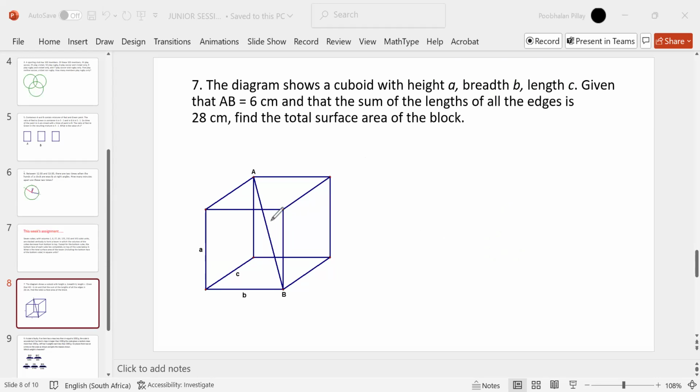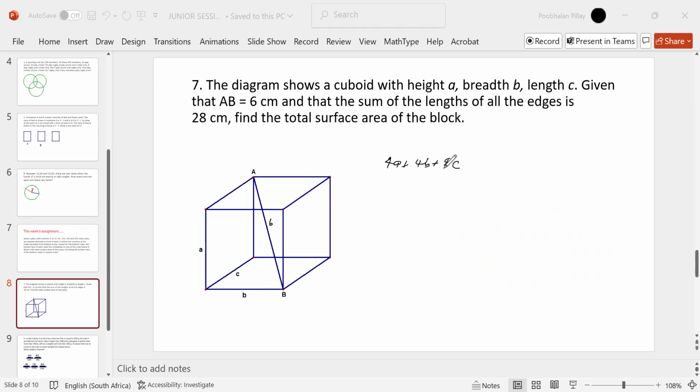Okay. So now you've got this is 6, and the sum of all the edges. Now let's see, there are 4 A's, because there are 4 heights, and there are 4 B's, these B's, that, and that, and 4 C's.